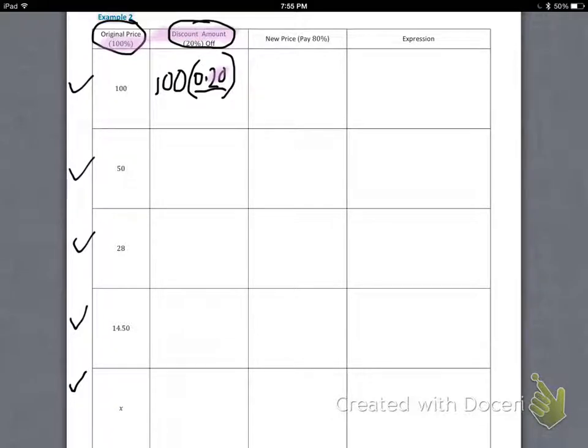Instead of multiplying by a decimal, I can multiply by a fraction. So this 100 times 0.20 is the same as 100 over 1 times 20 over 100, and I can cross divide: 100 and 100, 1 and 1, and I'd have 20 over 1, which is 20.